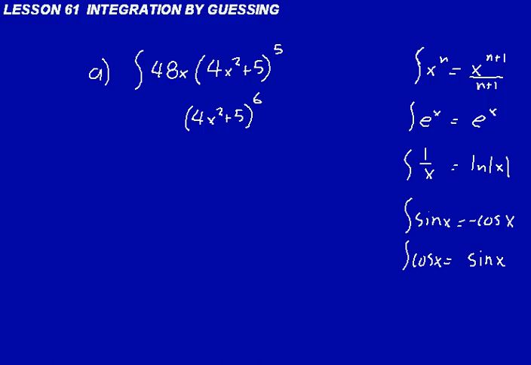That would just be 6 times 4x squared plus 5 to the fifth power, then times the derivative of 4x squared plus 5, which would be 8x. That equals 48x times 4x squared plus 5 to the fifth. See, that did get us back to the original function. Therefore, 4x squared plus 5 to the sixth was a good guess.